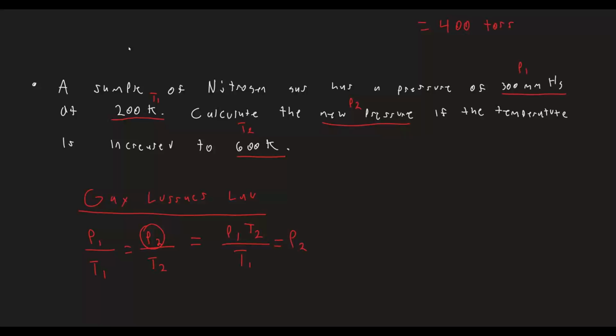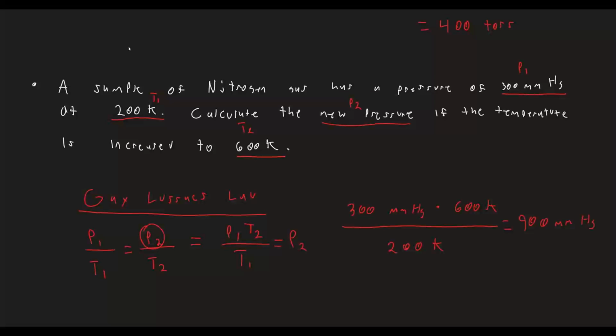And then after that, we simply plug in all of our variables, which gives us 300 millimeters of mercury multiplied by 600 Kelvin divided by 200 Kelvin. After that, just punch that into our calculator and we will get a value of 900 millimeters of mercury.